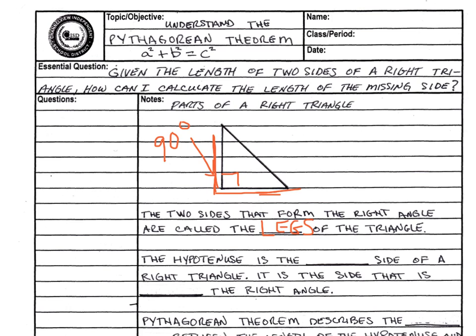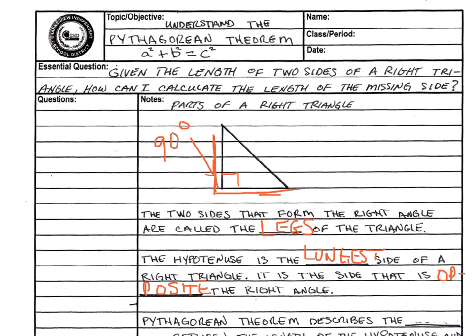Now the hypotenuse is the longest side of a right triangle. It's the side that is opposite the right angle.